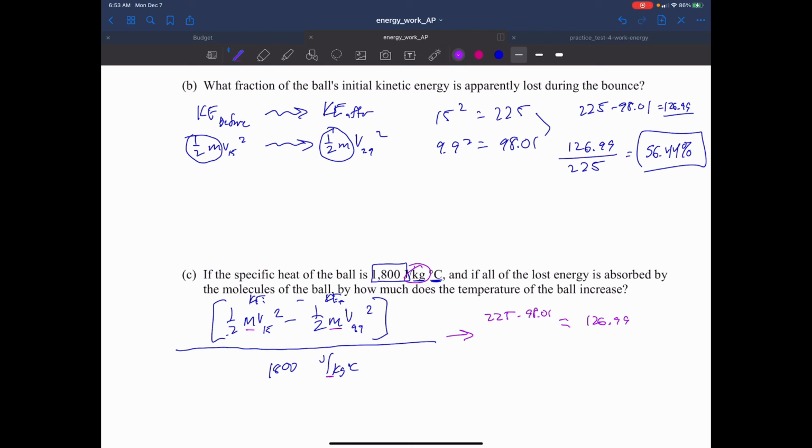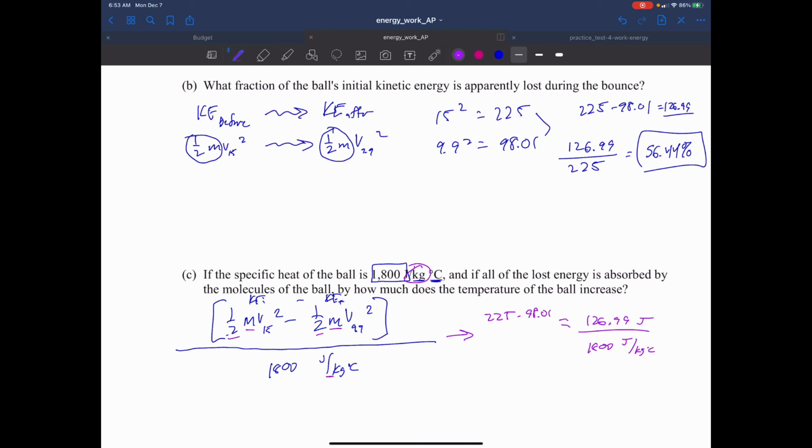Again, the masses are linearly proportional. Even if you wanted to, you could put an imaginary m on this term right here and then just see that they'll cancel out at the end. So we'll take this 126.99 and divide it by the 1800 joules per kilogram degrees Celsius, and this would be joules on the top.